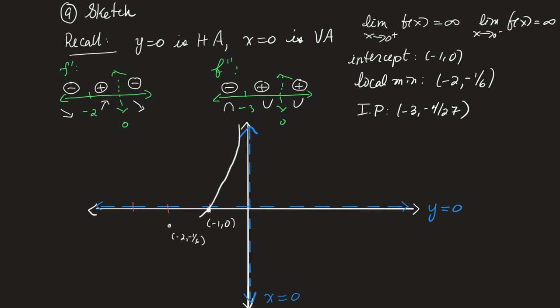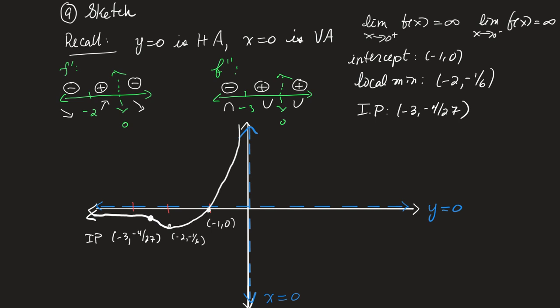It's also concave up on this interval, but then at some point in here, it switches to concave down, and it's going to hug that horizontal asymptote. So in here, I have my inflection point, which is minus 3, minus 4 over 27.